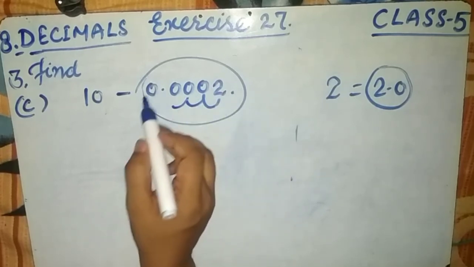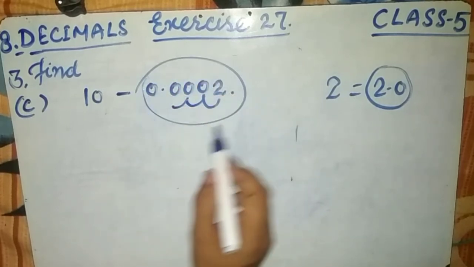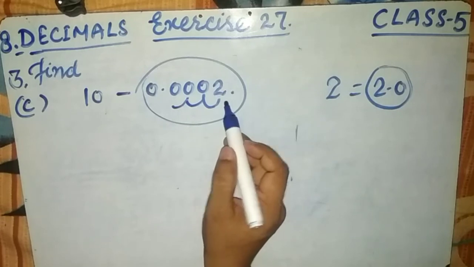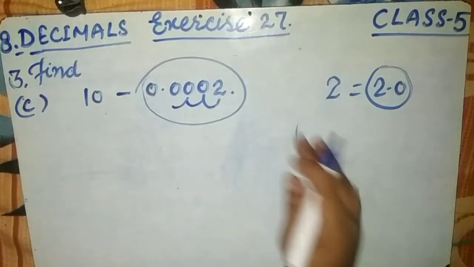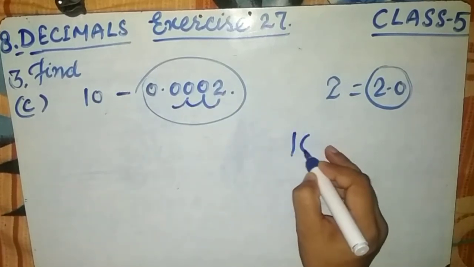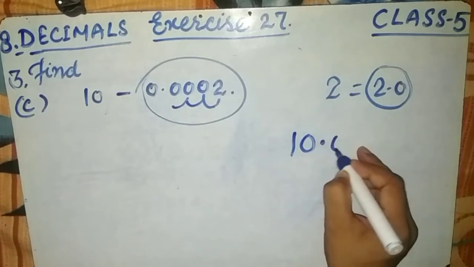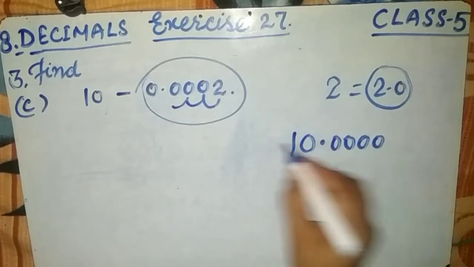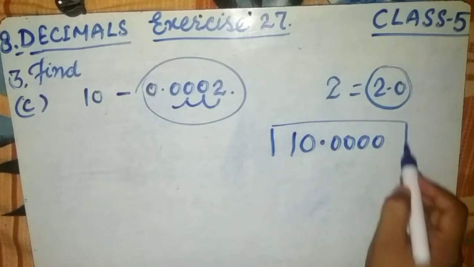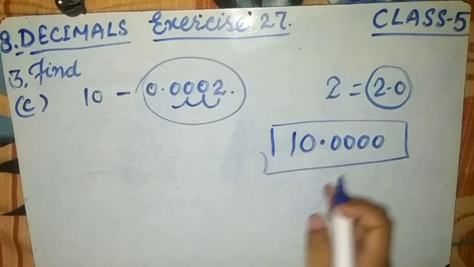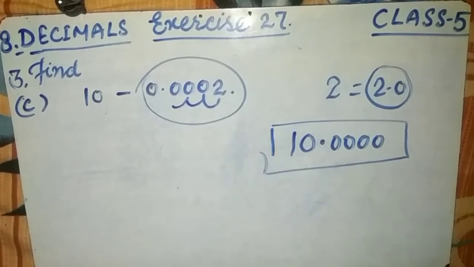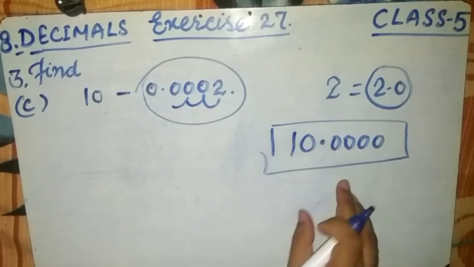So it is called a number with 4 decimal places. That means we change this 10 by placing the decimal and writing 0 four times, changing it into like decimal fractions.